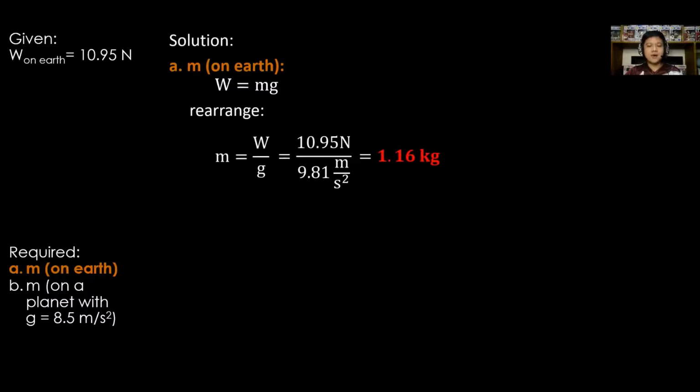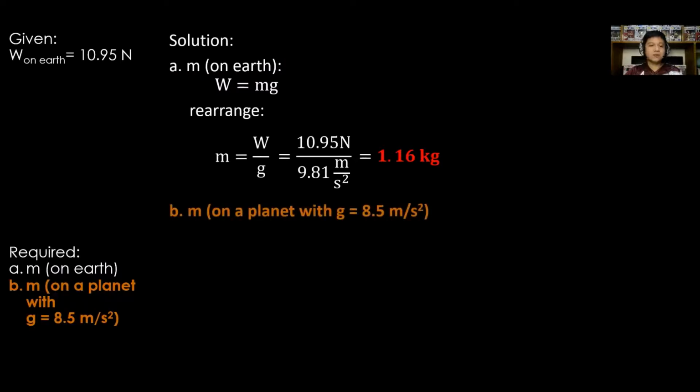Next, how about if we will now be placing this substance on a planet with G that is equal to 8.5 meters per square second? Do we need to consider the weight on Earth then to be divided by this value of G, 8.5 meters per square second?